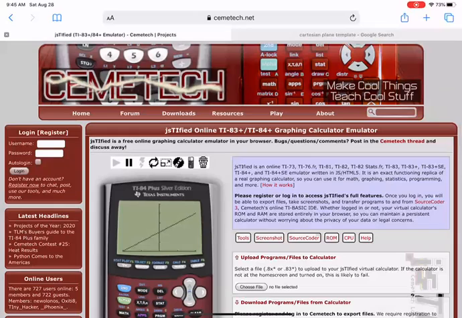So once I adjust the window over here, I have -2, 2, and 1 for x.